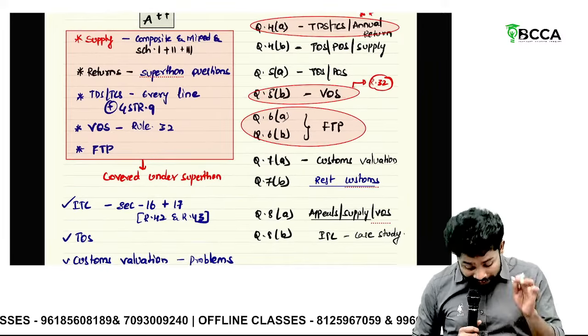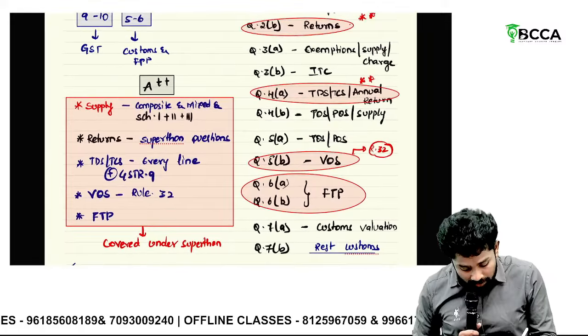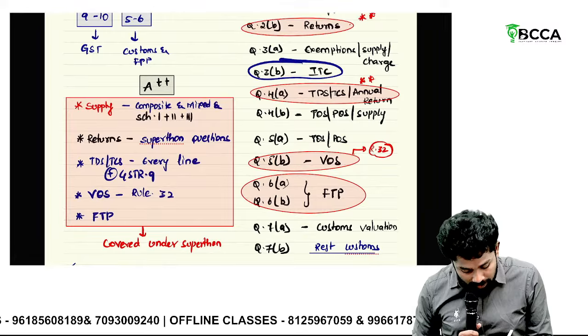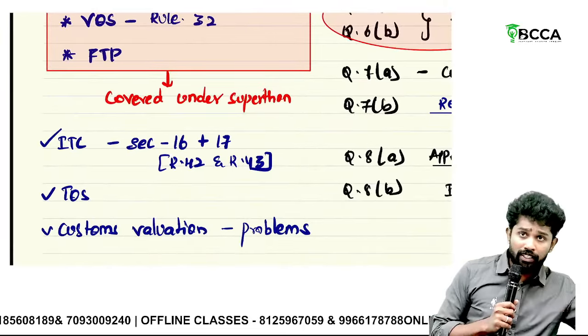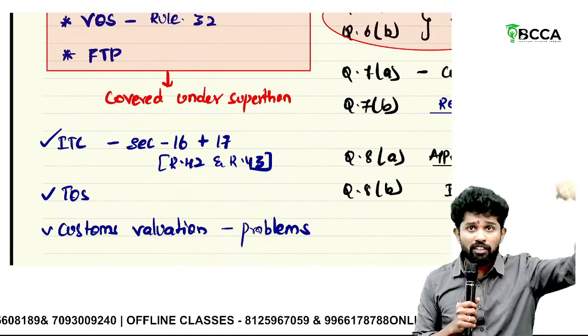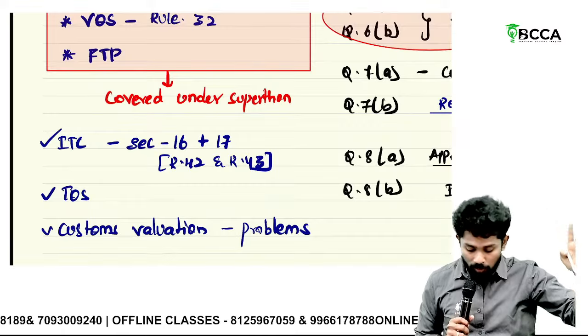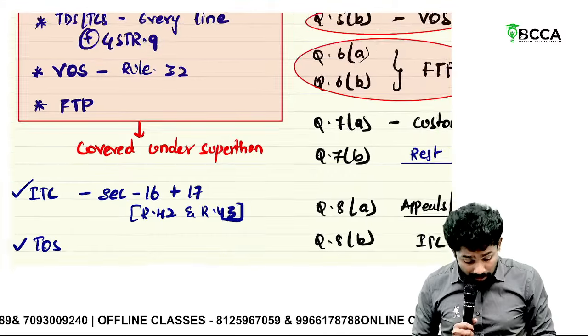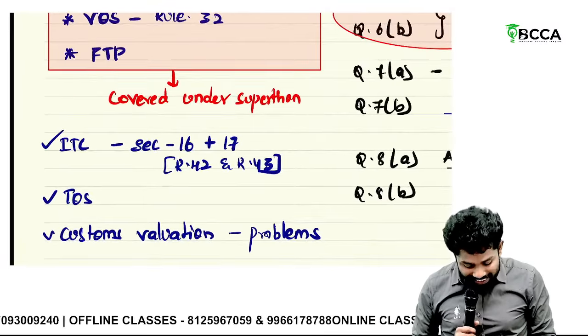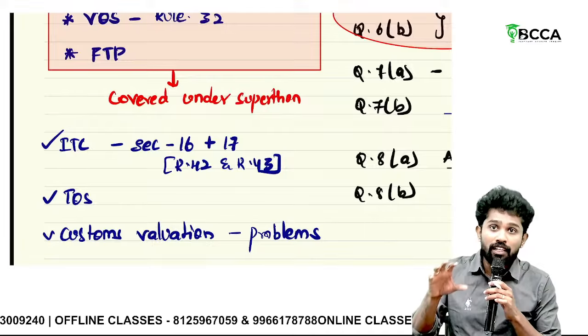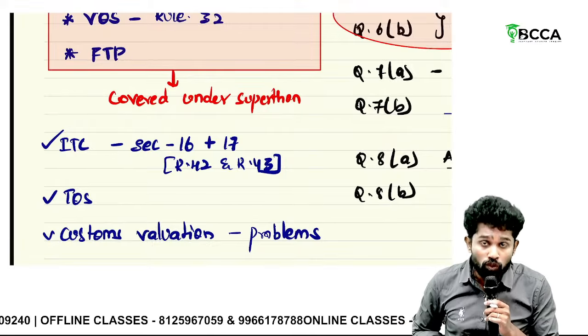Then A category, ITC. You need not do the whole ITC chapter: ISD, job work, reversal of credits. Till what extent they are asking under question number 3B is section 16, 17 along with rule 42 and rule 43.